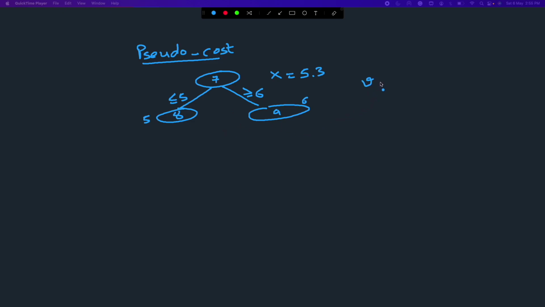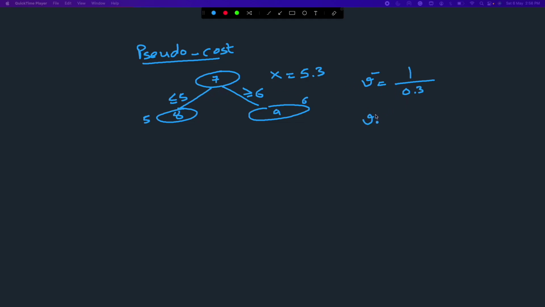On the left branch I gained 8 minus 7, which is 1, and my change in the variable value is 5.3 minus 5, which is 0.3. So per unit change I will gain 1 over 0.3. This much I will gain in the objective.